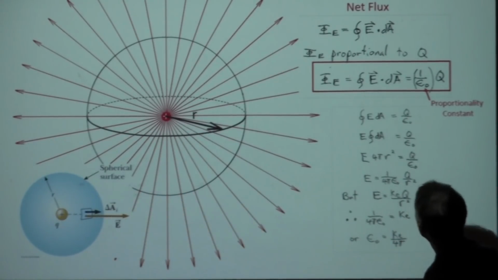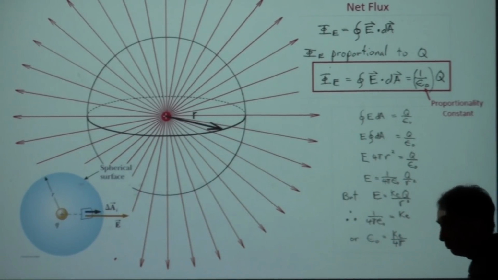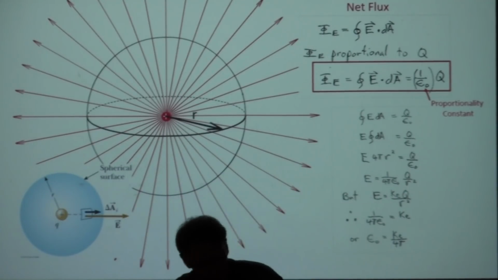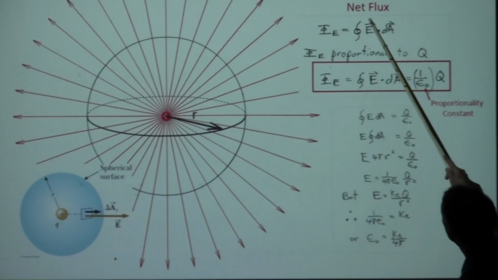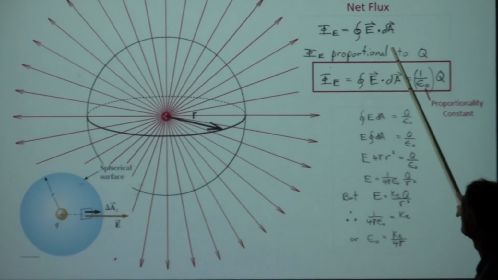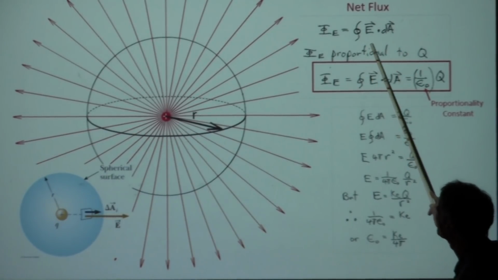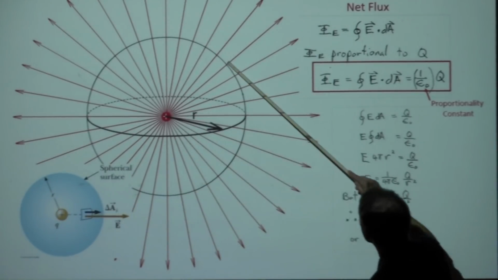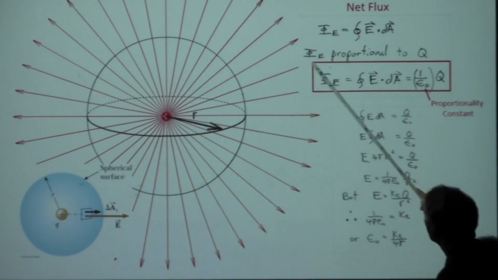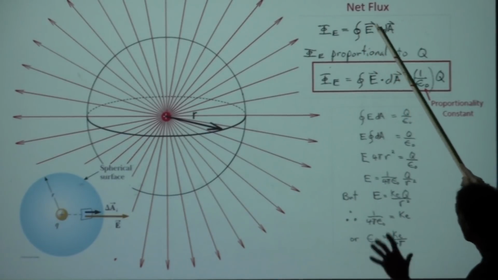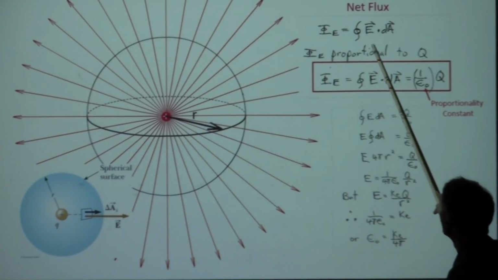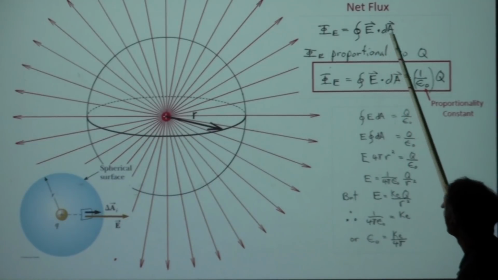So that seems to make some sense. When we deal with the idea of the net flux, we're going to want to get the flux through the whole surface, and we're dealing with closed surfaces. That's why this little circle symbolically represents a closed surface, and we take the electric field dotted with the area.